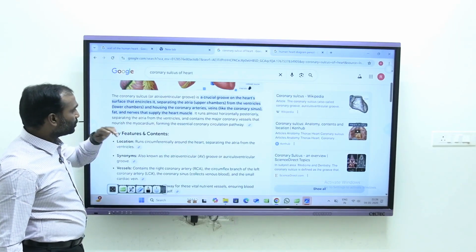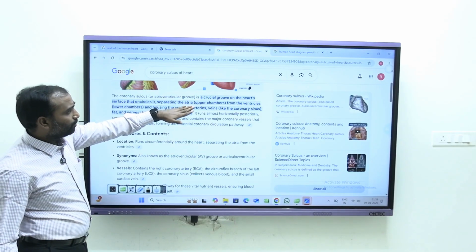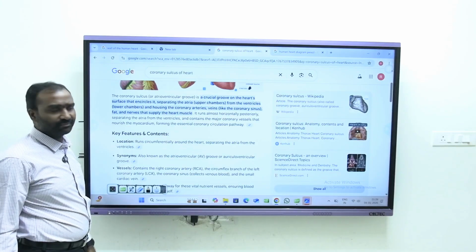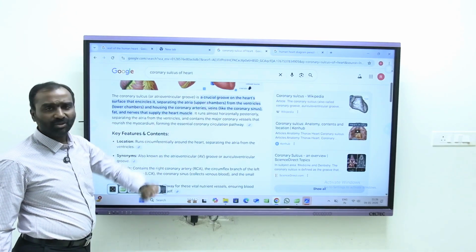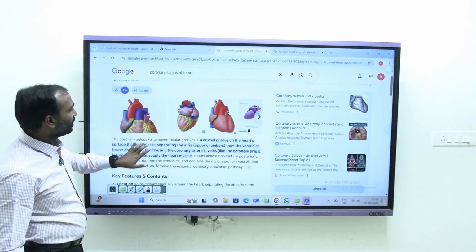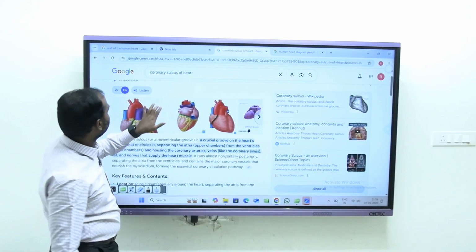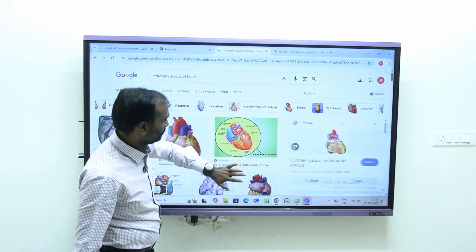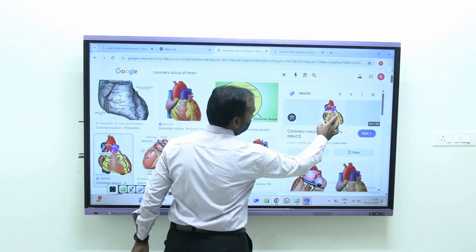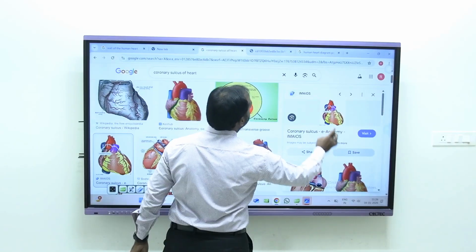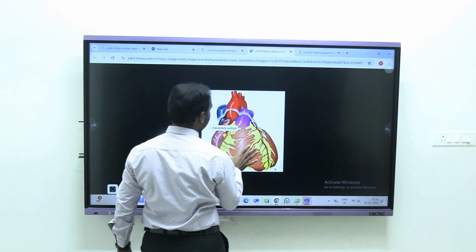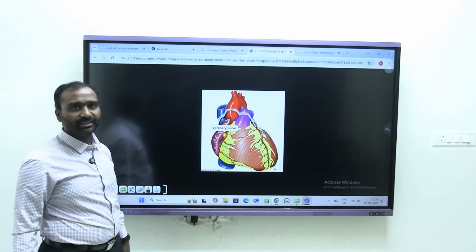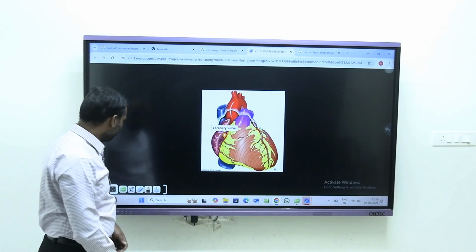So that helps to separate the upper chambers from the lower chambers. Okay now, what is it called that separates upper chambers from lower chambers? Coronary sulcus. Right? So it separates the upper chambers from the lower chambers.